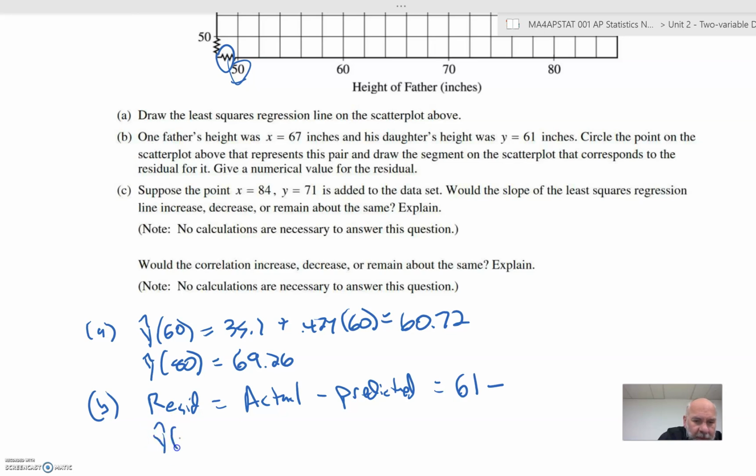So y hat of, wait, not 61, of 67. I just noticed that number showing up twice, so I was watching out for that. This is when the father's 67. Yep, 67, put that in. I got 63.7.